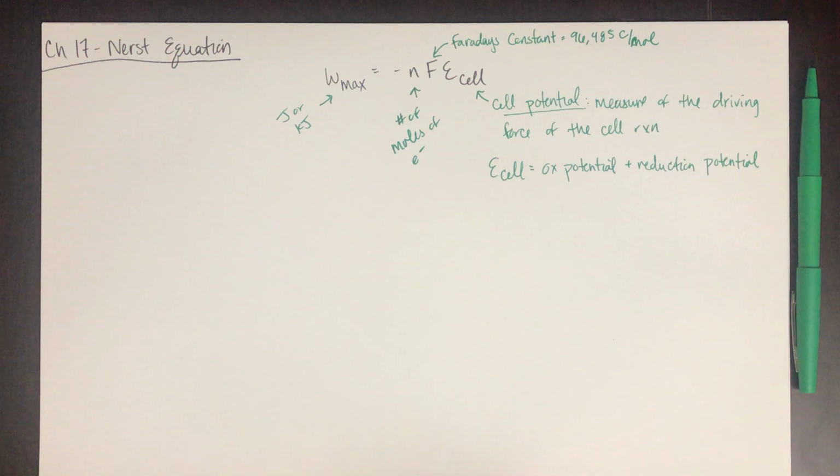Usually the charts for reduction potentials are all given in reduction, and if you want to know what the oxidation potential is, you just change the sign. The unit for the reduction and oxidation potentials is volts. Let's see.